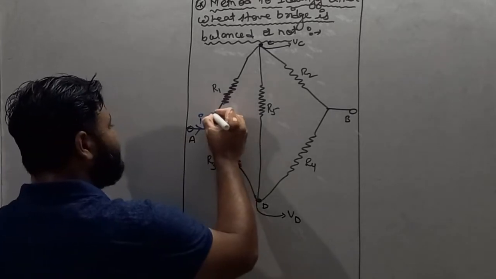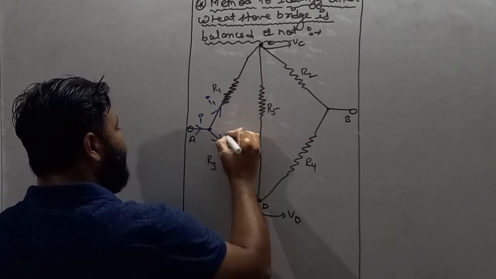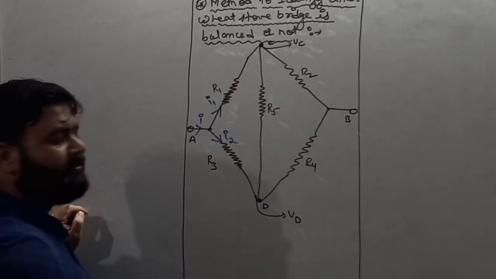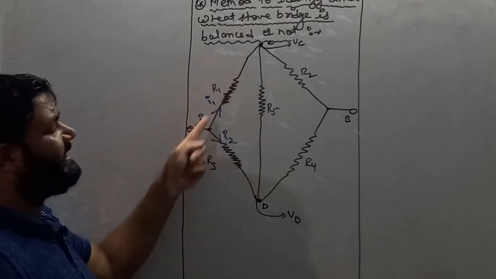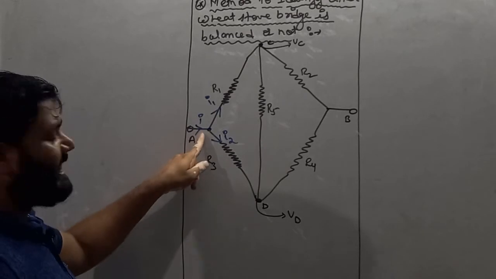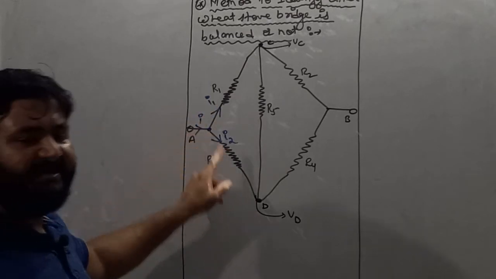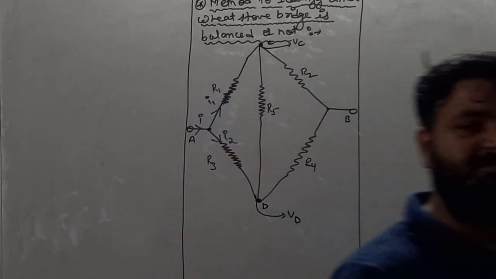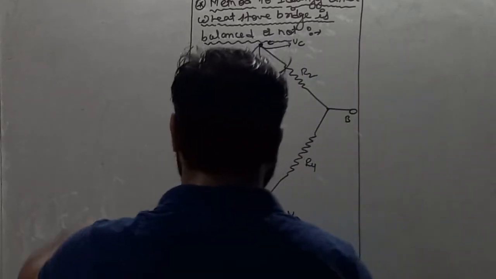So let's suppose in this direction some current I1 is moving, and in this direction some current I2. It means the current I is distributed. So let's suppose I1 current is moving in the R1 resistor and I2 current is moving in the R3 resistor.